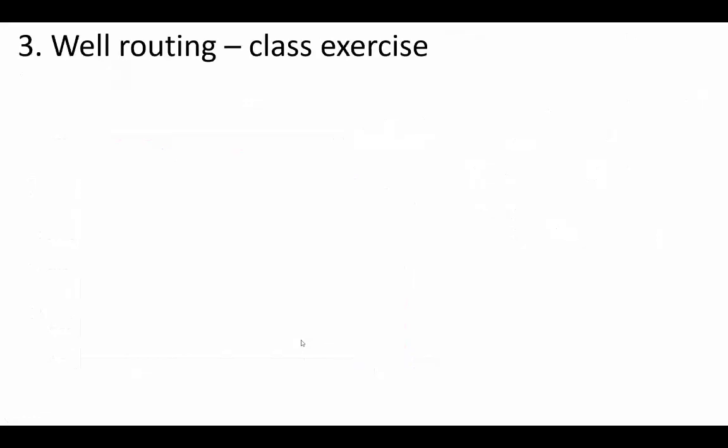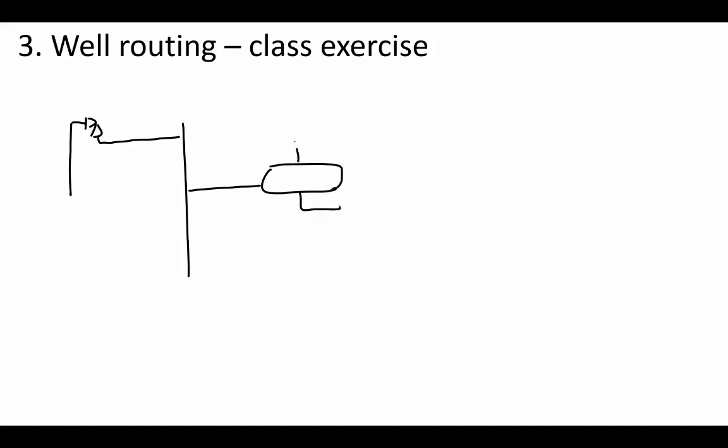So then we're going to take an exercise, and the exercise says that we have 5 wells, and each well has a choke. This goes to a manifold, and the manifold goes to a separator. The separator has a maximum Q gas that it can take and a maximum Q water that it can take.